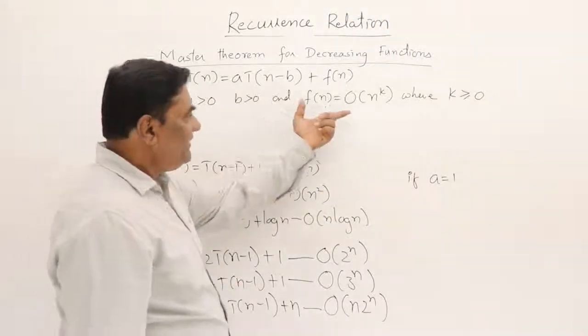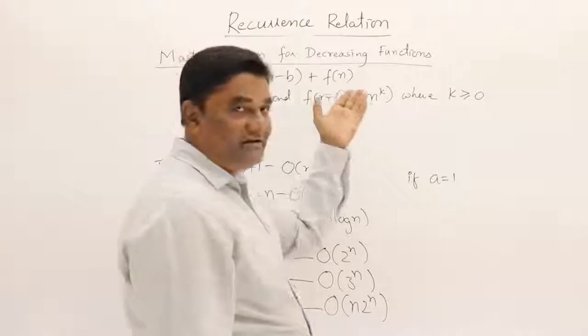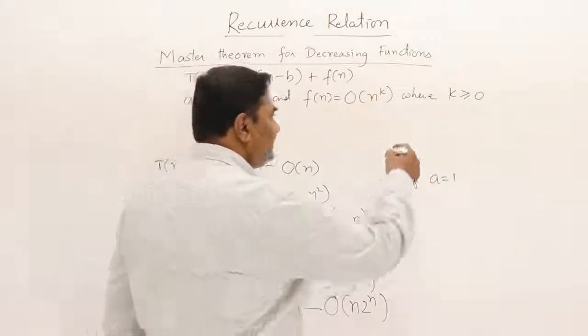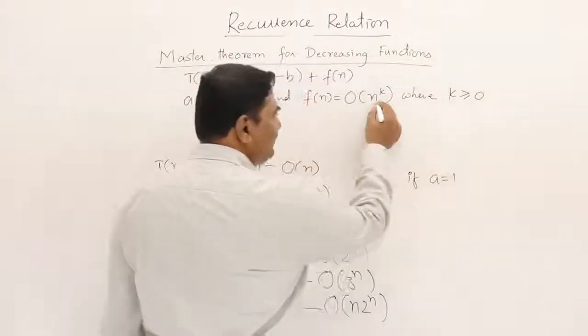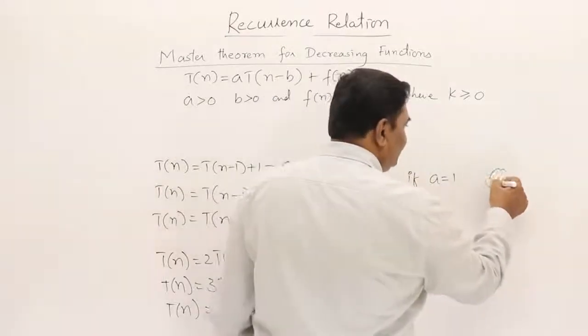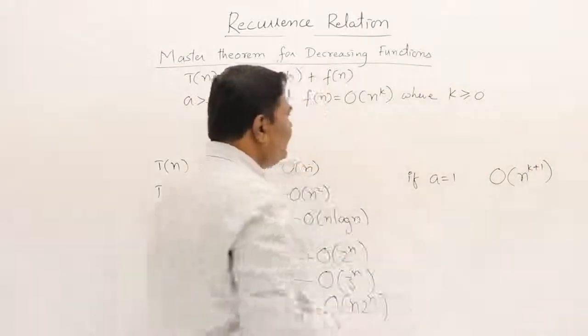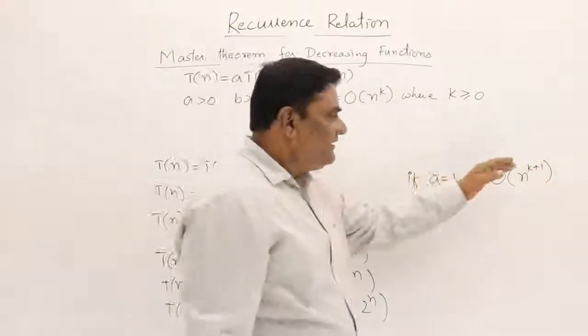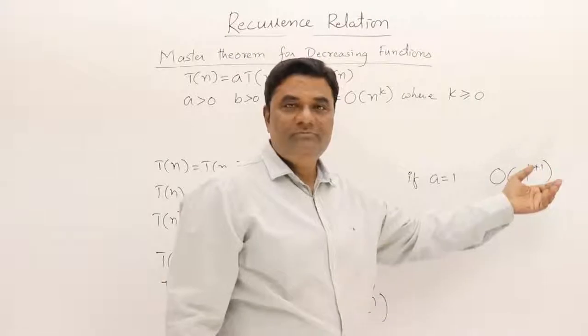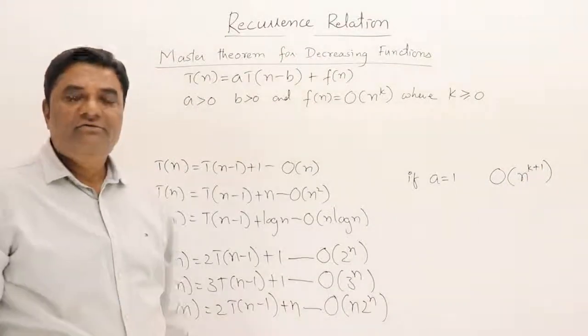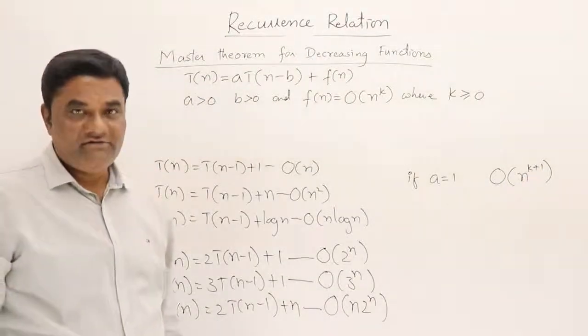So we say that f of n is in the form of n power k, so it is order of n power k plus 1. If it is n power k, then into one more n, so n power k plus 1.